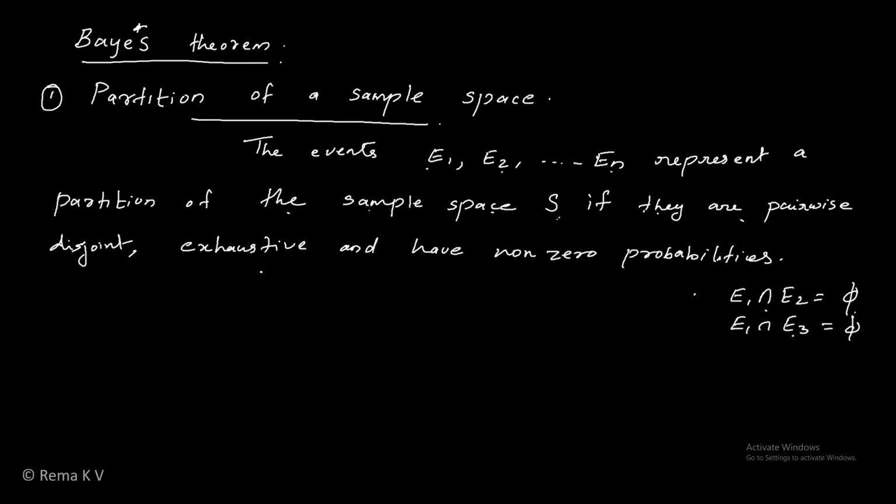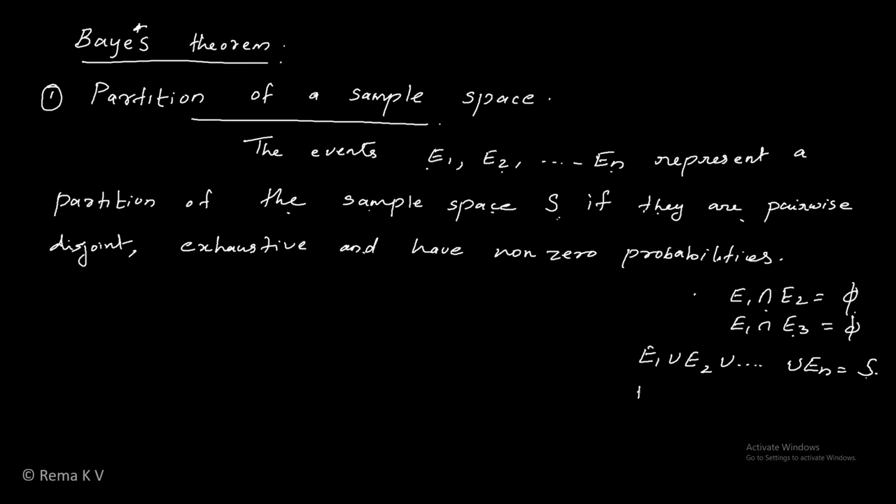Okay, the second part of this is exhaustive. Exhaustive means the union of all these, E1 union E2 union, etc. union En is equal to the sample space itself. Exhaustive means the union of all these subsets E1, E2, etc. En forms the sample space. And have non-zero probabilities.